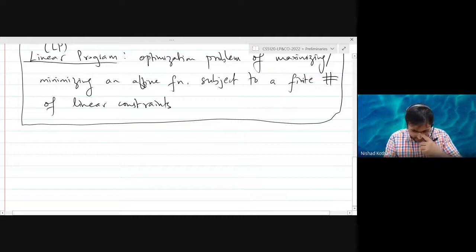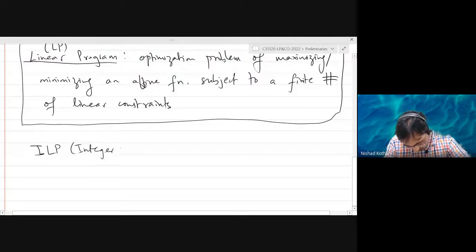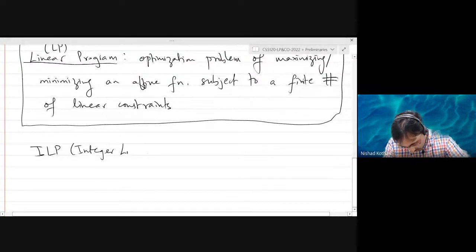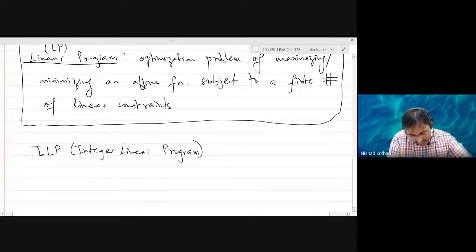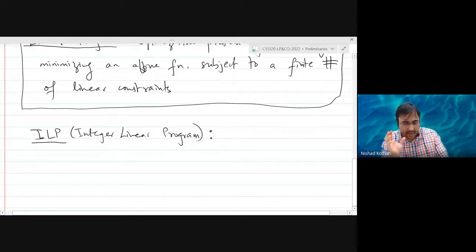Okay, good. And what is an integer linear program? ILP. So it's simply a linear program where some non-empty subset of the variables are required to be integers.